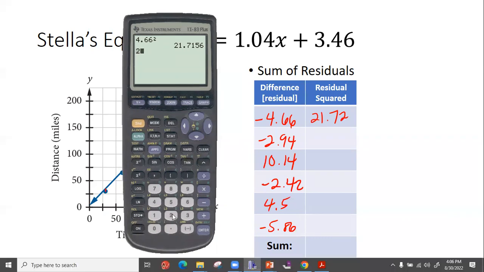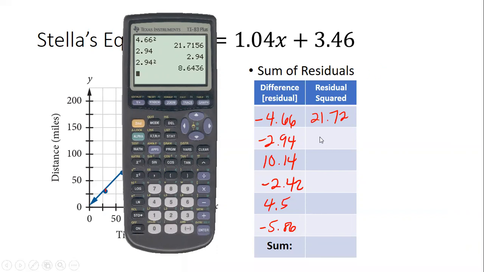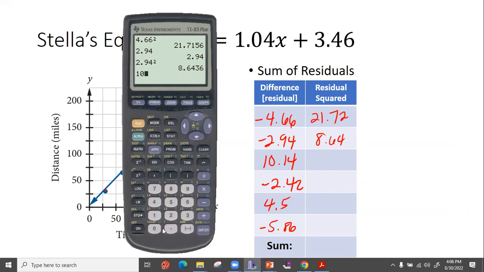We're going to do the next one, 2.94 squared, and I get 8.64. We're going to do 10.14 squared, and what do we get?